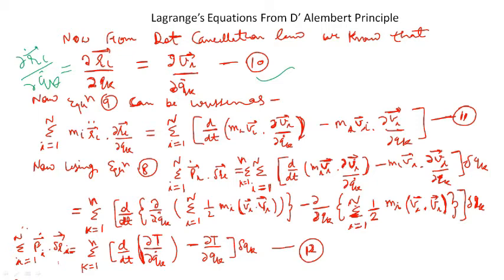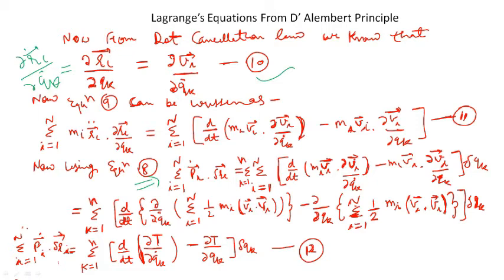Now this equation can be written as sigma k from 1 to small n, d/dt of ∂/∂qk dot of sigma i from 1 to N, 1/2 mi vi dot vi, minus ∂/∂qk of sigma i from 1 to capital N, 1/2 mi vi dot vi, into δqk.